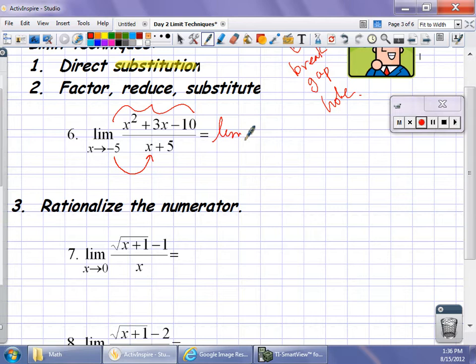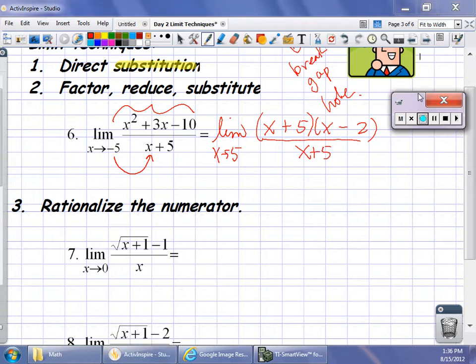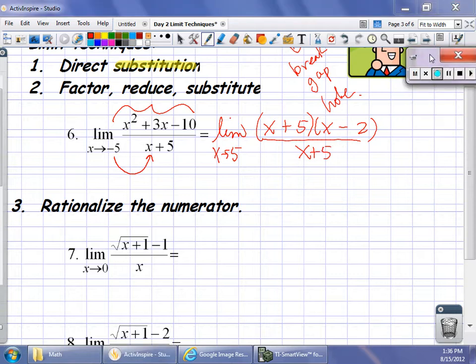So that would be the limit as x approaches negative 5, factoring the numerator, x minus 5 and x plus 5, and notice what happens. We have what is called a removable discontinuity because I literally can remove it by factoring and reducing.